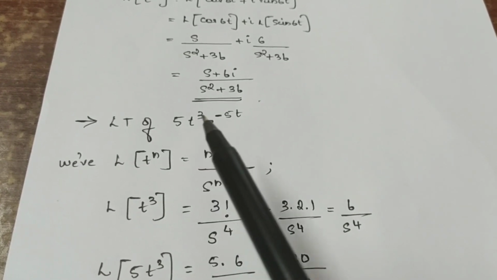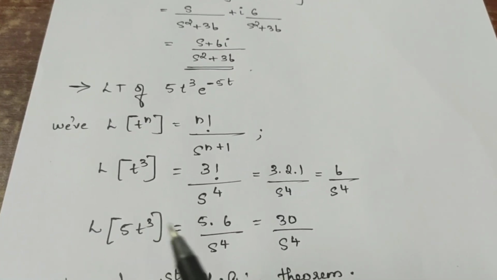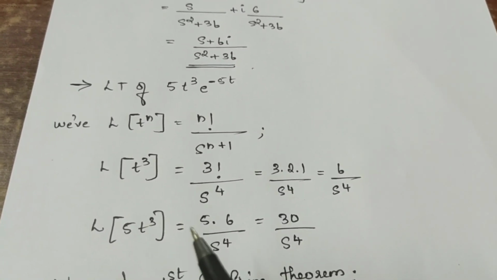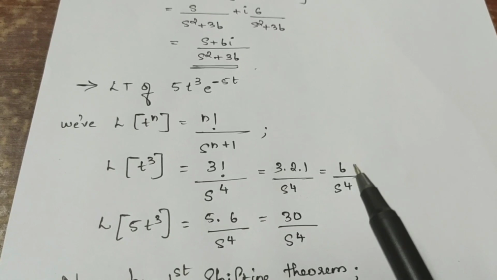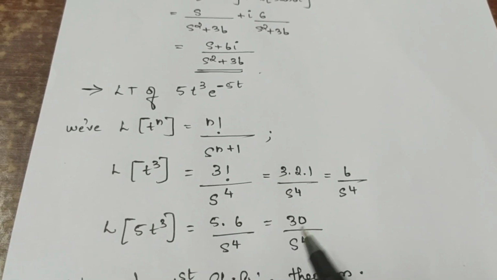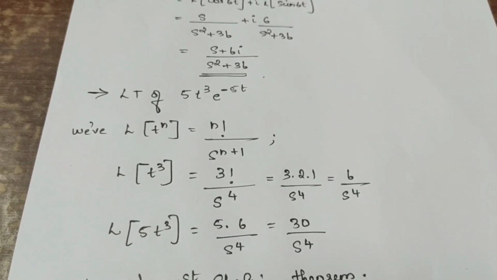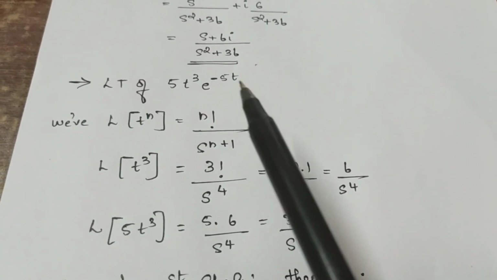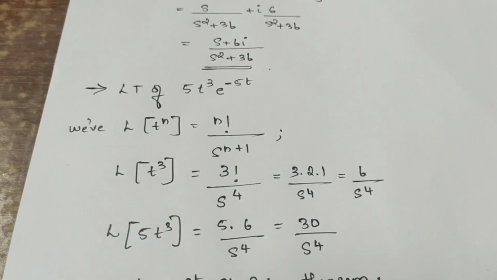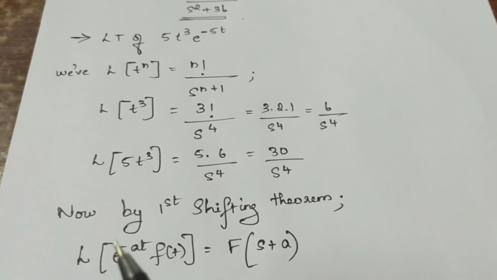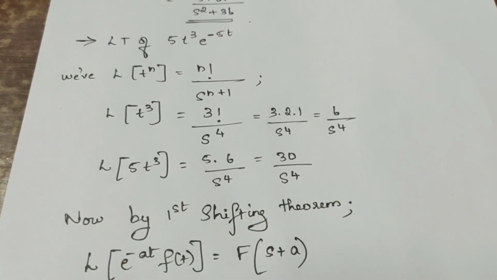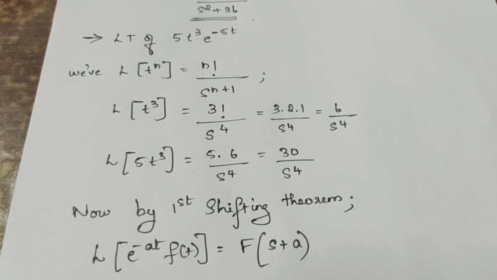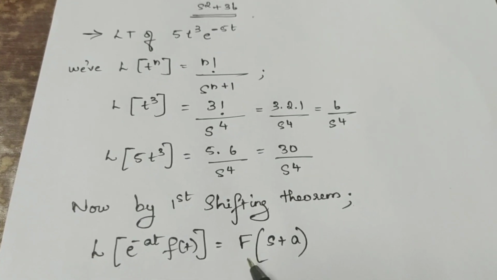Now Laplace of 5t cube will be, we just have to multiply this 6 with 5. So 5 into 6 will be 30 by s raised to 4. Now we have to deal with this term e raised to minus 5t. We all know by the first shifting theorem, Laplace of e raised to minus at f of t equals f of s plus a.